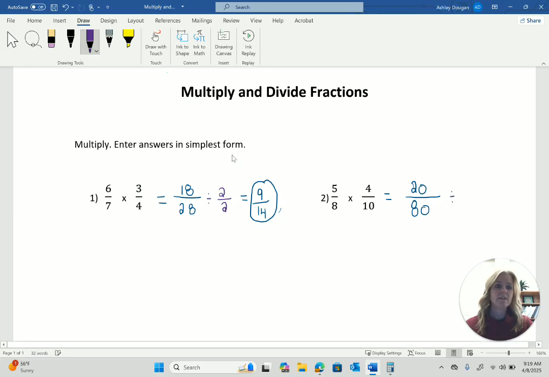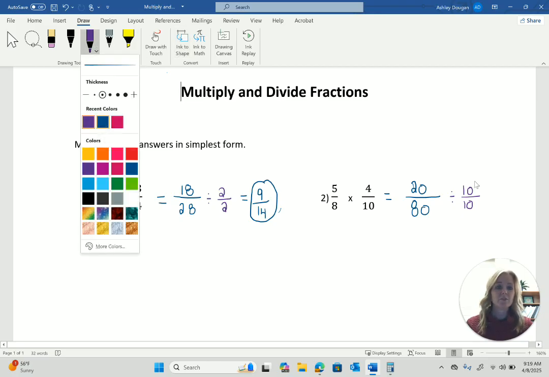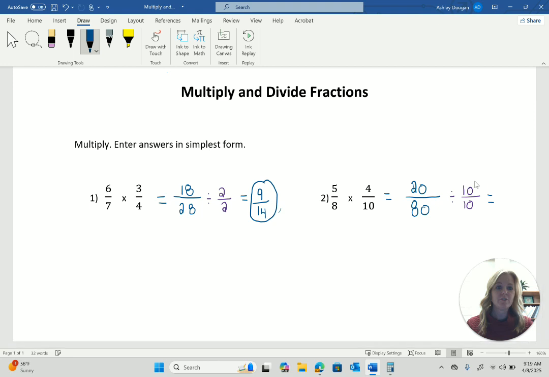So I'm going to divide this by 10 to simplify. There is a larger number and there are smaller numbers. Again, it doesn't matter which ones you choose. You just may have multiple steps depending on what number you choose.